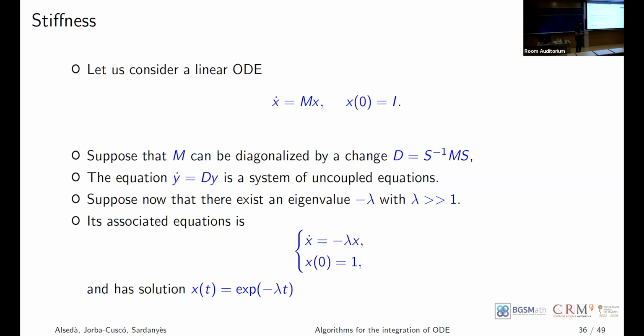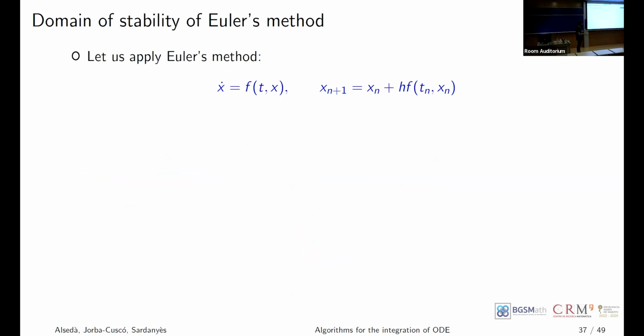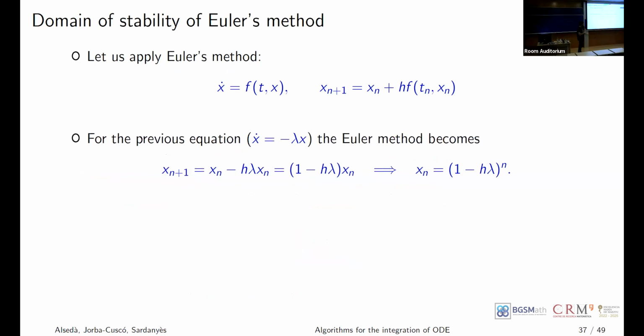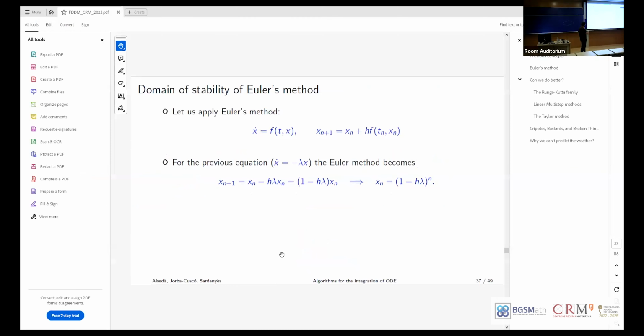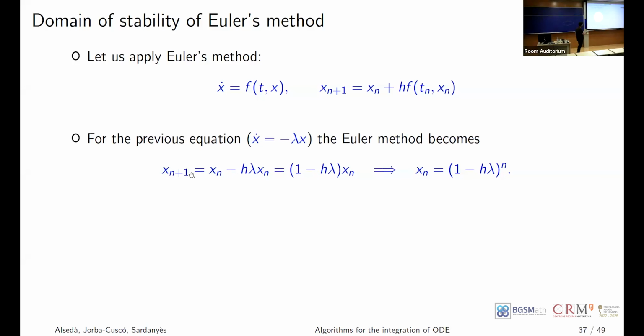So let's see what happens if we apply an Euler method to this. The equation is very simple, so I can work out the things and compute an expression for the nth step of the Euler method. Basically, we have x_n plus 1 equals x_n minus h lambda x_n, but then x_n is given by x_{n-1}.